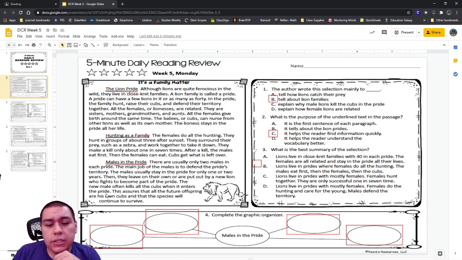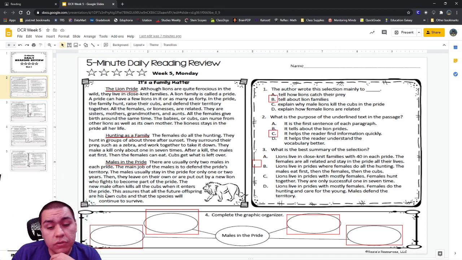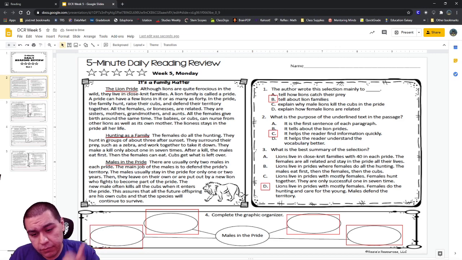So answer choice D is the only one that gave us information from paragraph 1, paragraph 2, and paragraph 3. So if I'm looking for a good summary of the entire selection, the best one I could pick is answer choice D, because it has information from all three paragraphs. It doesn't just focus on one of the paragraphs or just a few of them. It talks about everything.